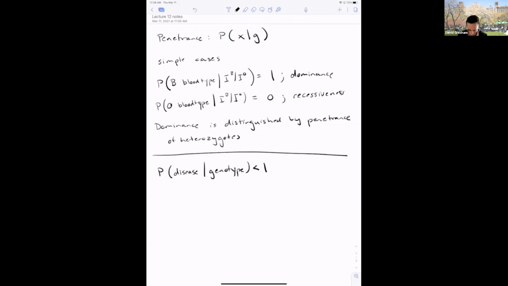It's incompletely penetrant. Okay, and this is because of variable penetrance, or we also say incomplete penetrance. And so we can define a metric that's often useful, which is that we can say, well, what's the probability of being affected given that you have some mutant genotype, some disease-causing mutation, for a disease for which there are other causes, okay?